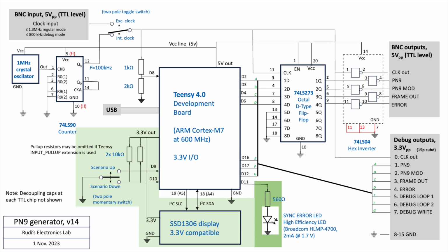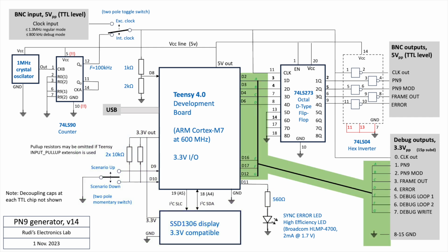And finally, here on the right we got the debug output. The debug outputs include the NP9 signals and the frame signals coming from the Arduino chip. But of course they're going to be different from the final output because that is before the timing with the flip-flop stuff. So we can actually look at the timing differences this way via the debug interface. There are also a couple of specific debug signals, called loop 1, loop 2 and debug.